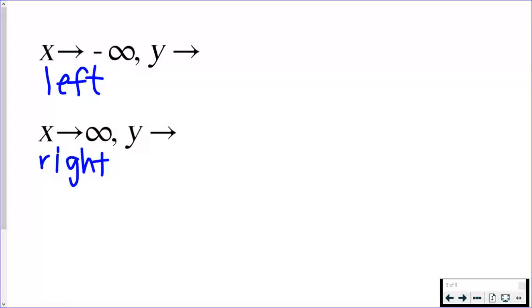Well, if x is approaching positive infinity, that means we're moving towards the right. X is getting more positive as we head towards the right. As x is approaching positive infinity, y is approaching blank. So then you have to figure out, where is that graph going as we head towards the right? So that's how you would read this notation.